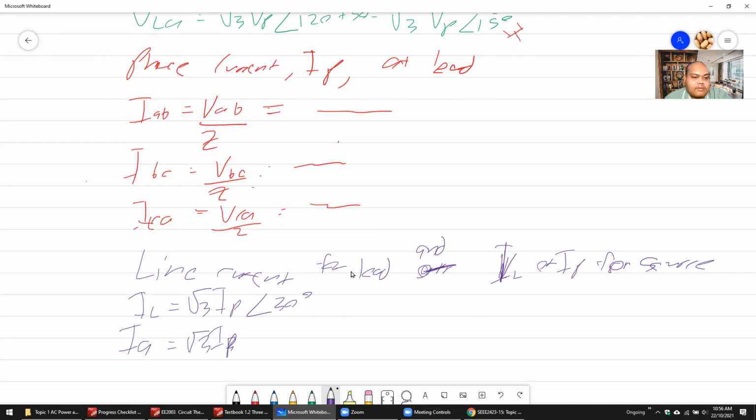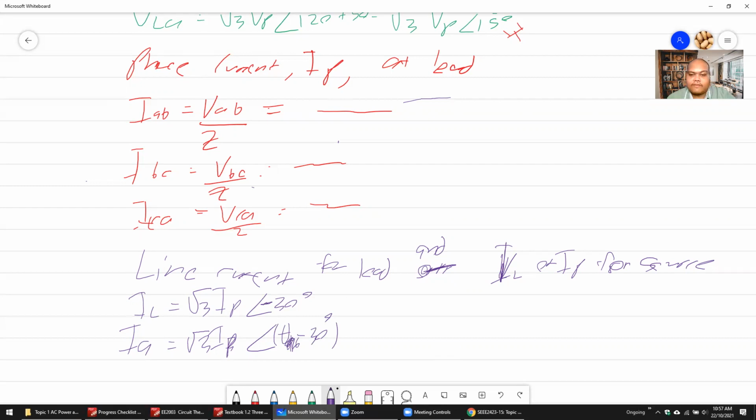The square root of 3 IP is the same, and then the angle is some angle. Don't forget the minus. Theta P minus 30 degrees. Don't forget the theta P. Theta AB.